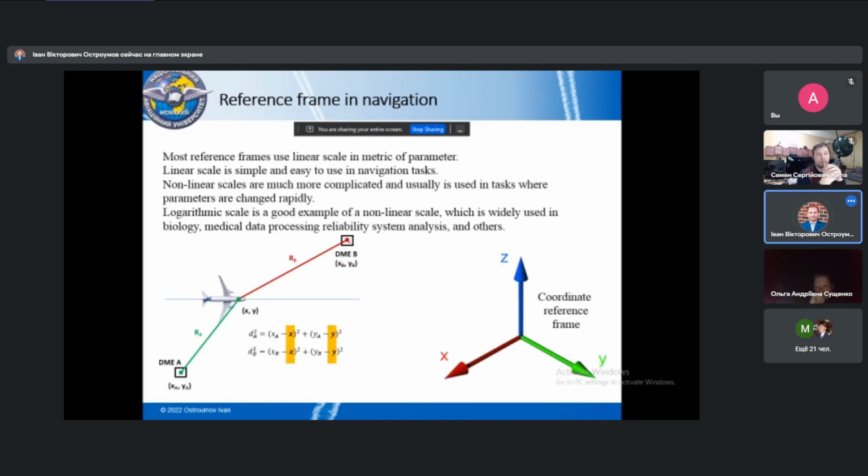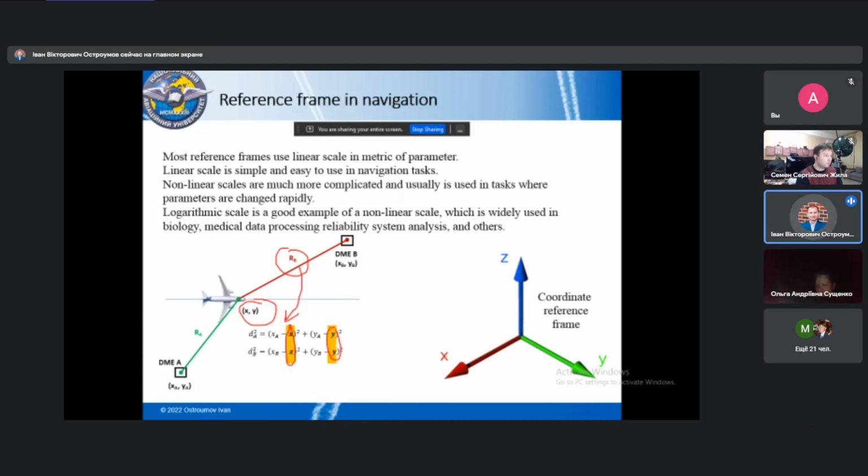In the case of a satellite navigation system, we have navigation satellites, and we measure distances to these satellites to get our position. If we use, for example, distance measuring equipment on the ground, we also measure distances, and then by measured distances we solve the navigation equation, and we get a position like x and y coordinates of user location.